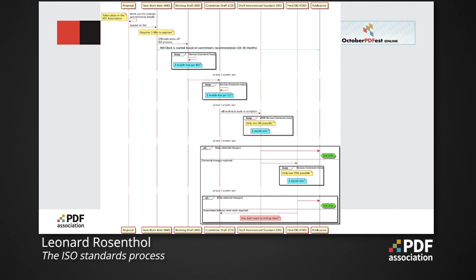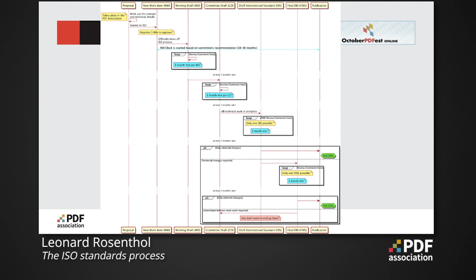Those of you who are already members may have seen that we've started up a whole bunch of new technical working groups. Each one of our technical working groups here at the association represents a new piece of work. Sometimes it might be more than one, but it represents at least one. For example, we have our PDF reuse technical working group, which is focused on a new piece of work called well-tagged PDF.